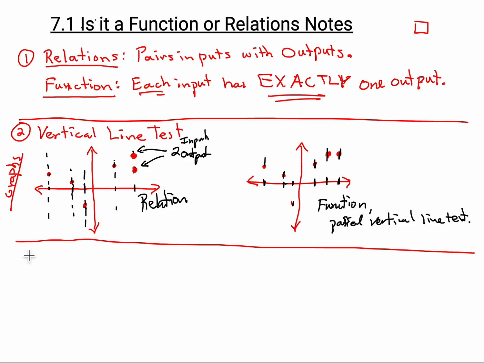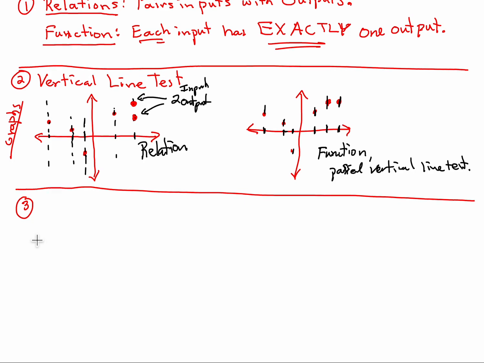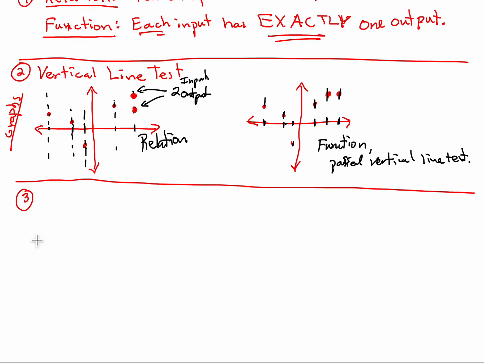a function or not. So now there's going to be different ways that we decide, or different ways that it's presented, and we're always going to ask ourselves, does each input have exactly 1 output? So we're going to do coordinate pairs.